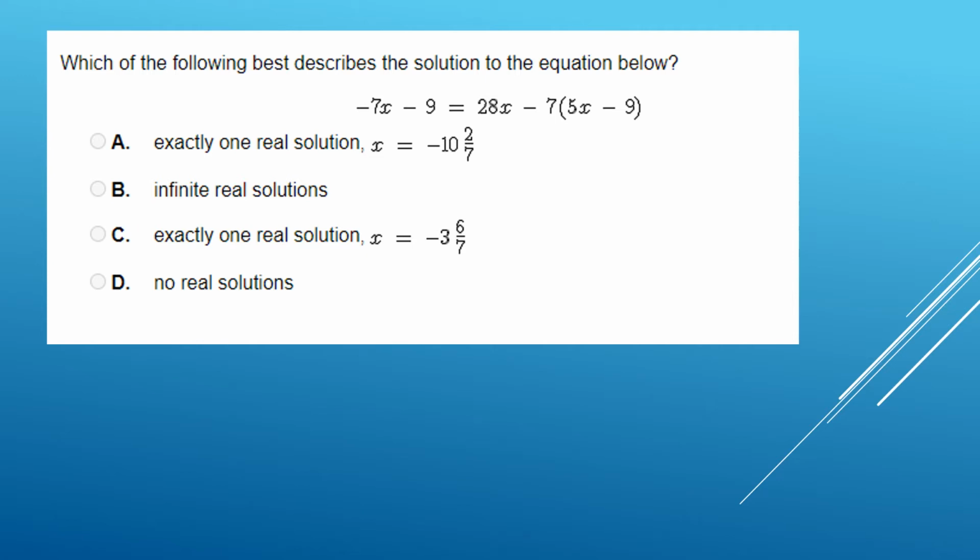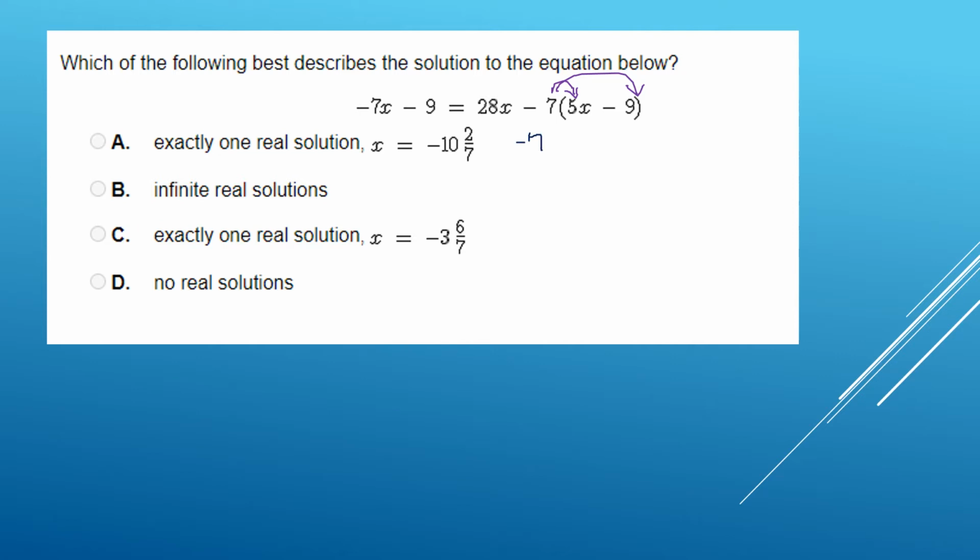Which of the following describes the solution to the equation below? So the first thing I see is that we need to spread out this 7. Okay, so I'm going to rewrite it.